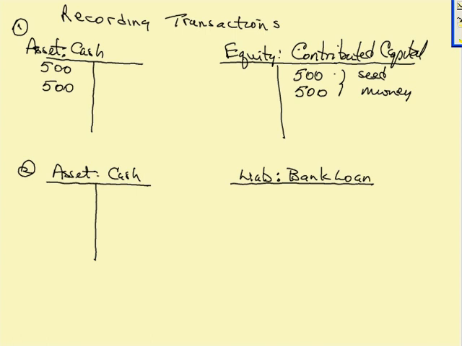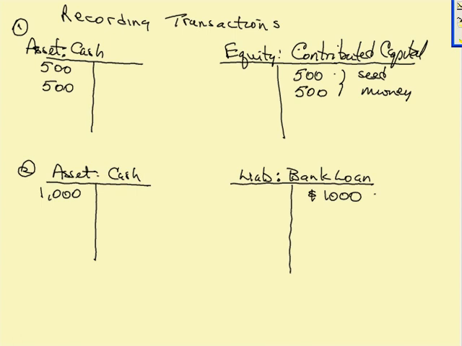And I like to prefix the category of the account when I'm laying out T accounts, just to remind myself where the value wound up, and where it came from. So the $1,000 came from the bank, and there it's recorded, and it wound up in the asset cash account.